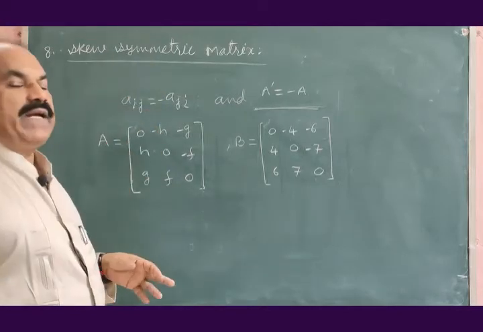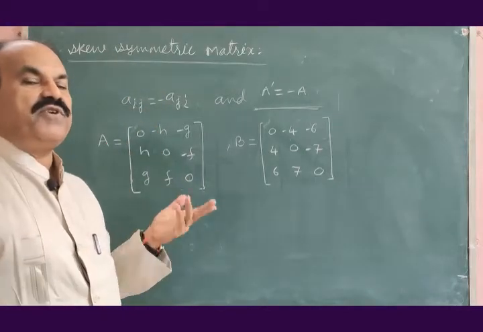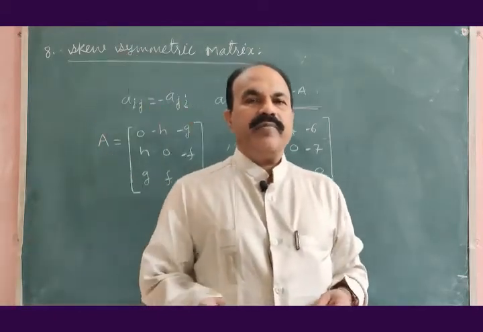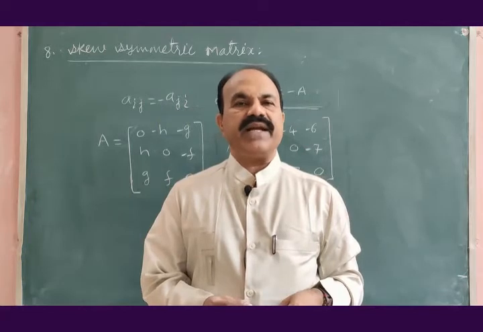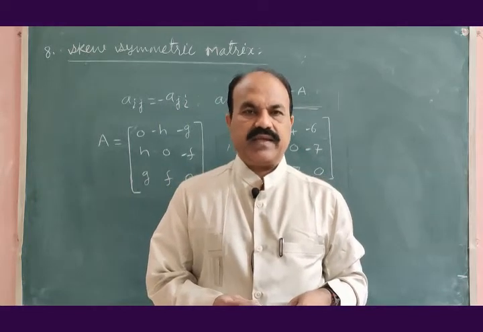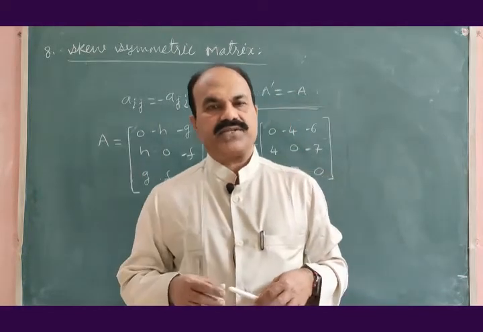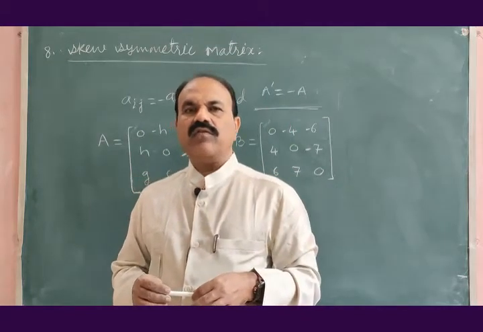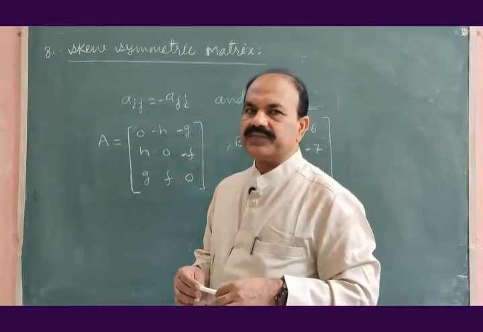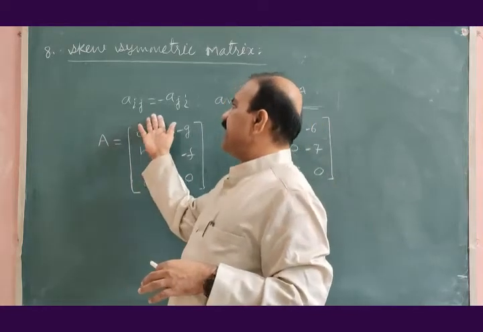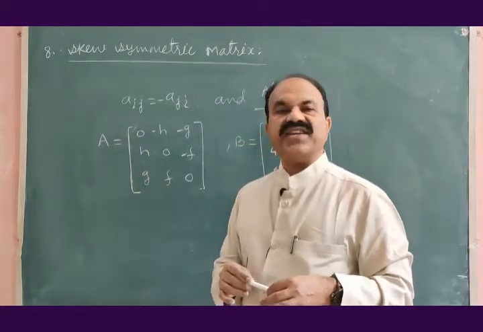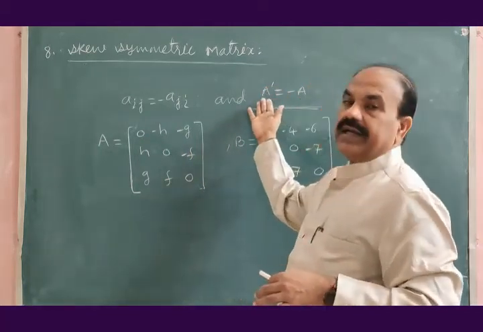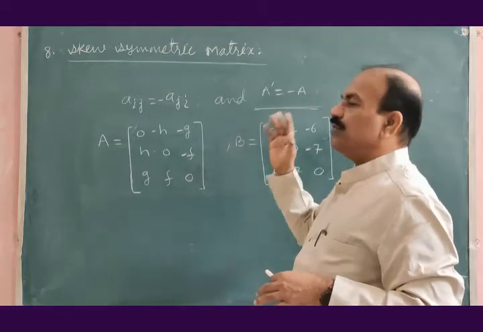Skew symmetric matrix. So let us see what is this skew symmetric matrix. Meaning of skew symmetric matrix is, it is a square matrix such that for every element of this matrix Aij is equal to minus Aji, and A prime or At is equal to minus A.